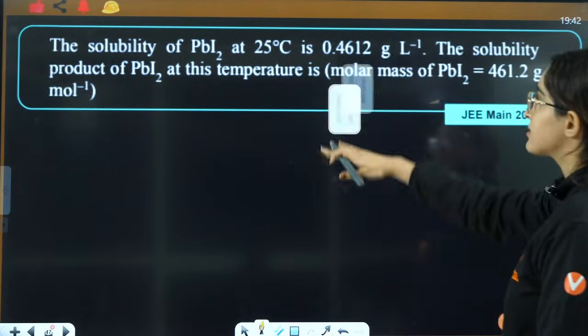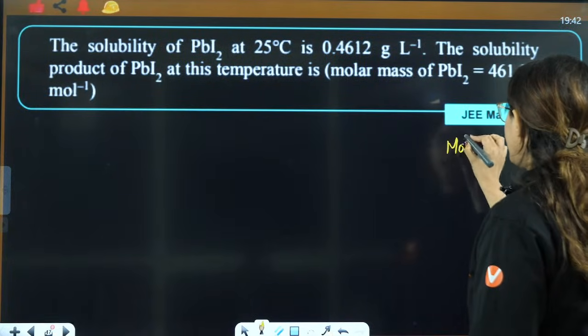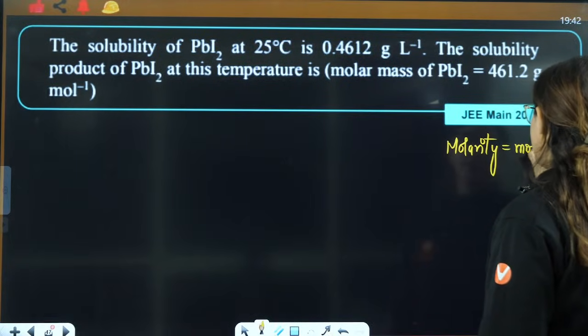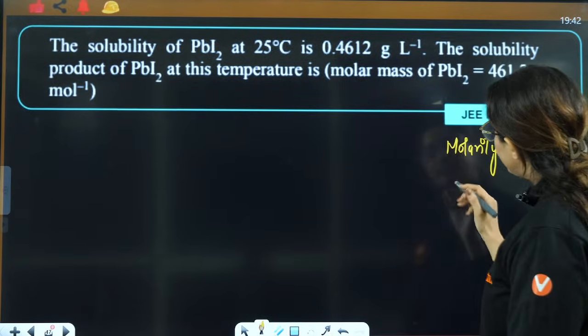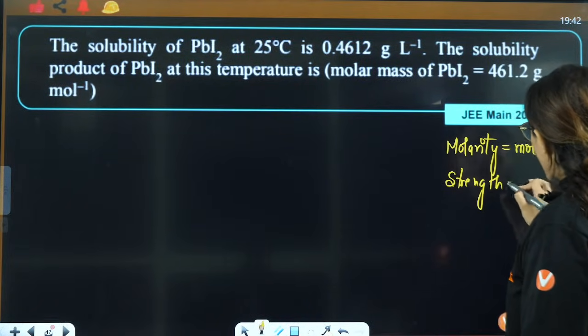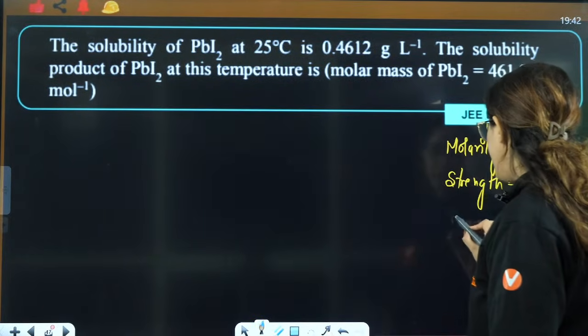Remember this always. This is a very small mistake that students make. Molarity is mole per liter, and strength is gram per liter. So how do you convert strength to molarity?